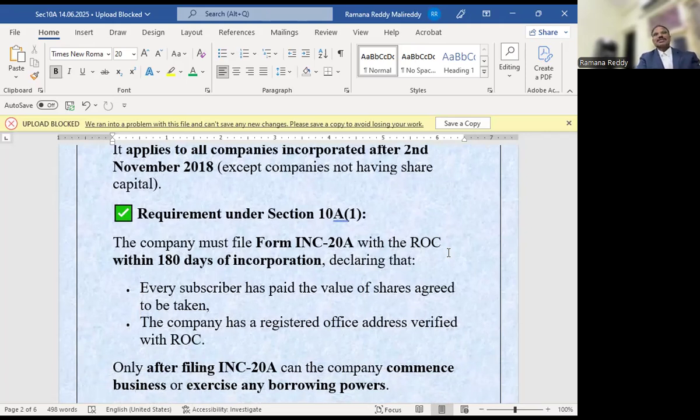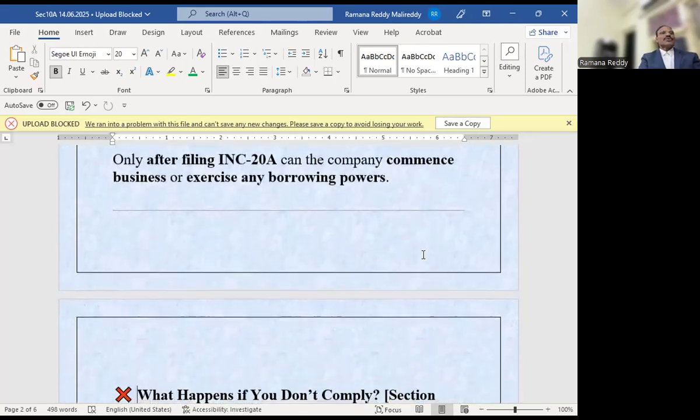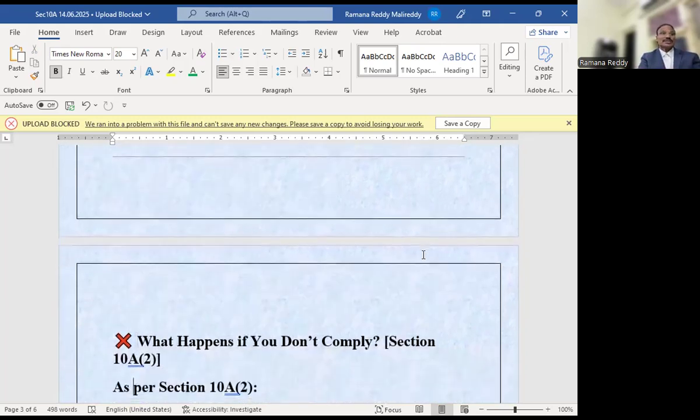As per the subscription in the MOA, all the subscribers have paid, and the declaration is required in INC-20A. We are attaching bank statement proof. The company has its registered office address verified with ROC. Only after filing INC-20A can the company commence business or exercise any borrowing powers. So without filing INC-20A, the company cannot continue the business or exercise any borrowing powers.